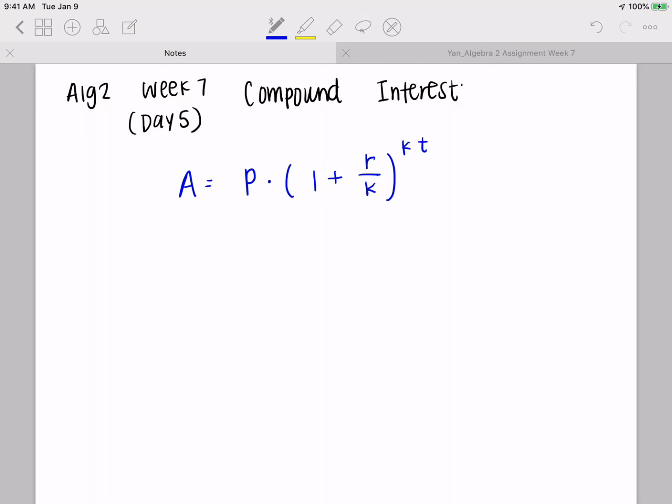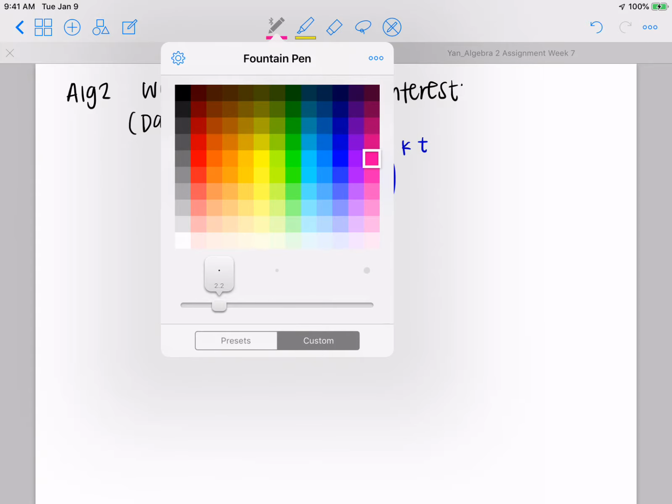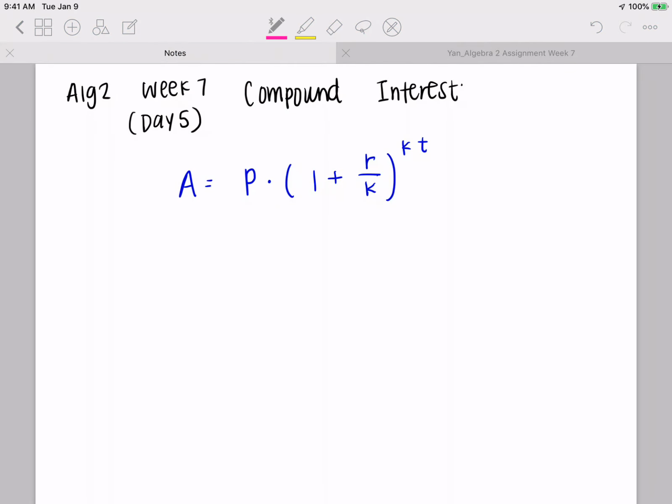Let me talk about why we need a formula to find interest. I don't know if you guys have ever opened a bank account, but sometimes they would ask you to open a savings account, right? They would tell you that if you put in a certain amount of money, they can help you save it and give you interest.